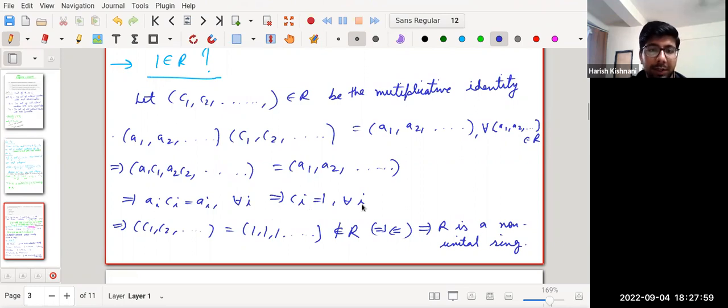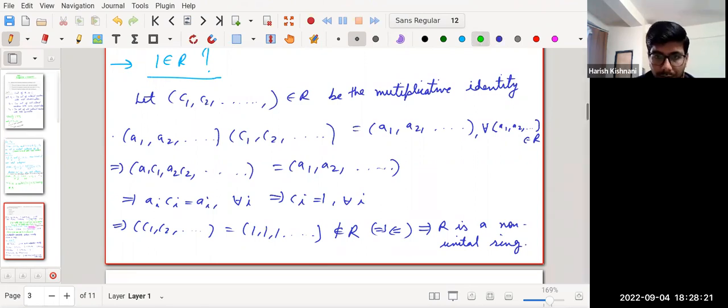So ci has to be equal to the multiplicative identity of the integers, that is 1. So this implies that your tuple (c1, c2, ...) is (1, 1, 1, ...), but that is not inside your R, because here you have everything to be non-zero.